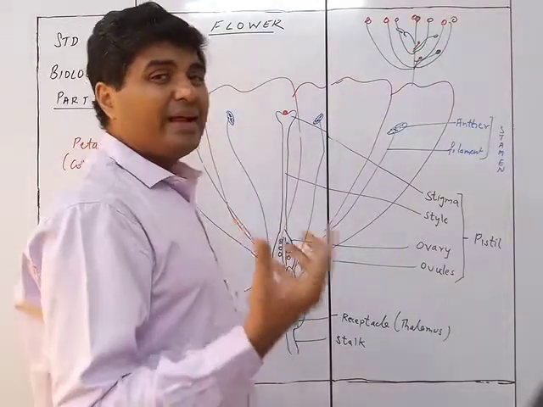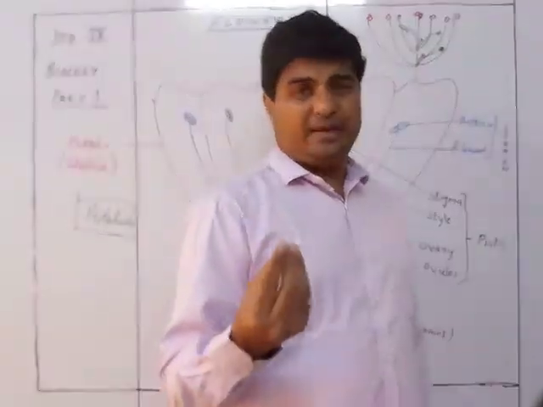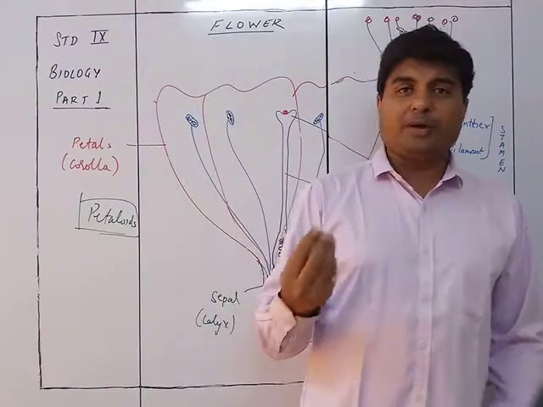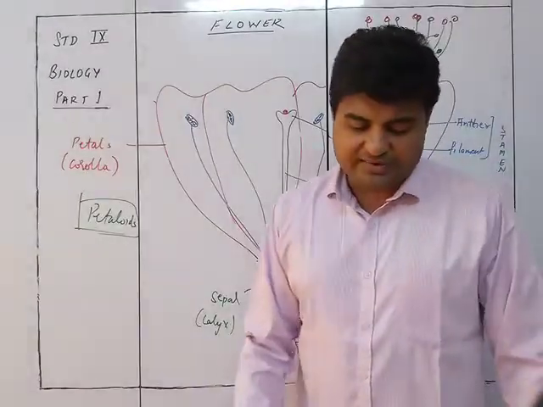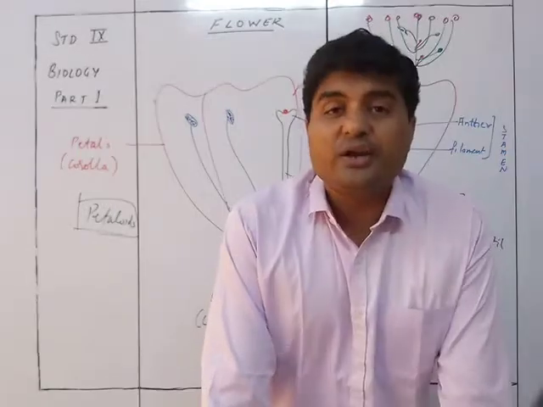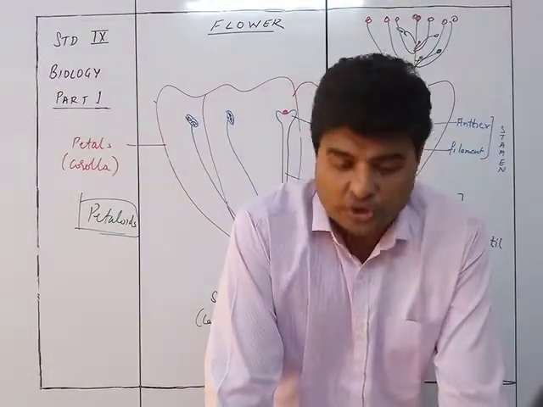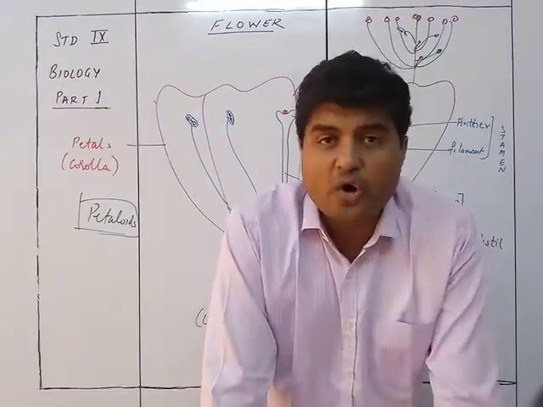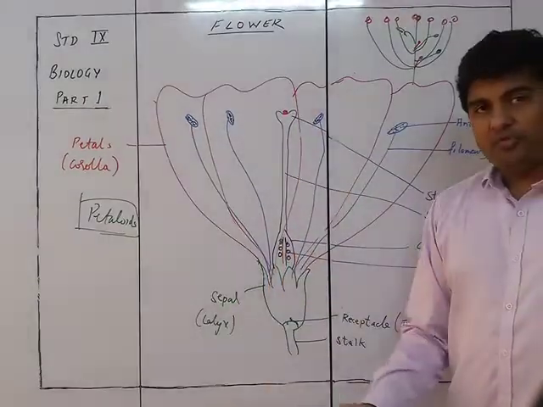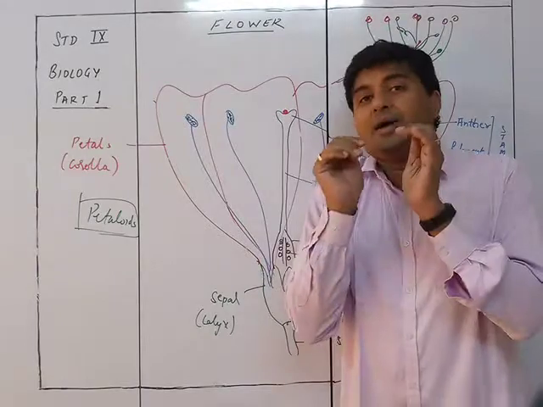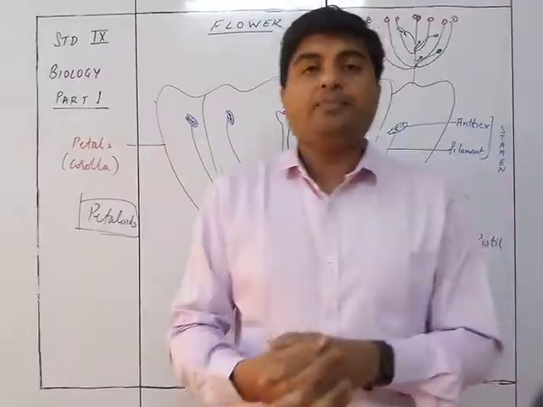When that happens, it forms a seed. Once the seed is formed, the ovary becomes a fruit. That's why the ovules turn into seeds in a mature fruit, which is a transformed ovary. The ovary transforms into a fruit so as to protect the baby plant, that is nothing but the seed.